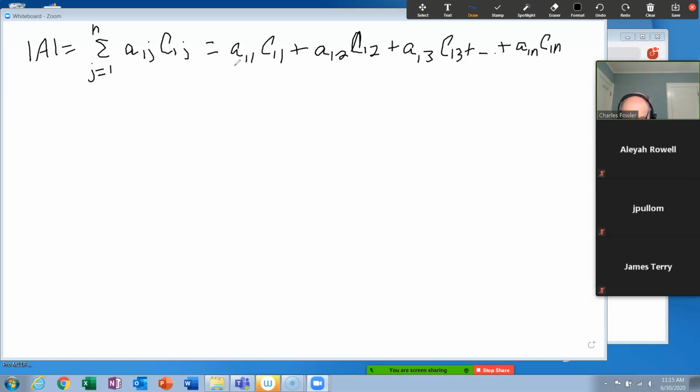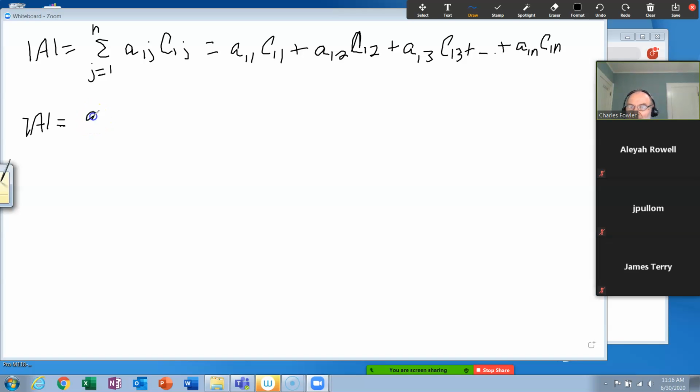Now, what they're asking us here is to confirm that when it's a 2 by 2 matrix, this holds. Okay, well, we know what the determinant of a 2 by 2 matrix is. And see, again, the equal sign doesn't do well.